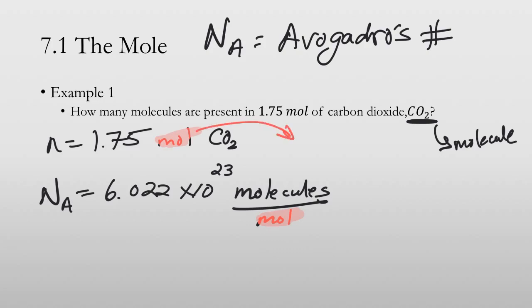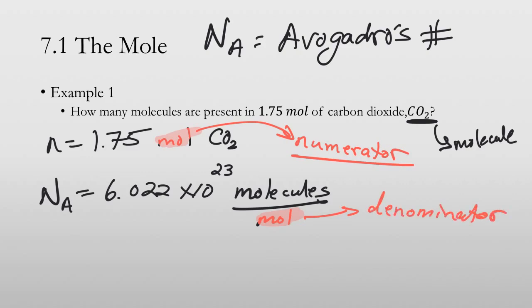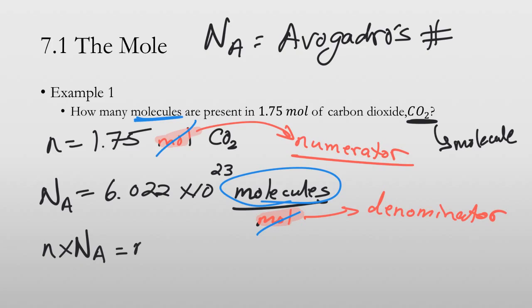This would be in a numerator, even though it's just a number by itself. A number by itself is always a numerator, but that mole is in the denominator. So if we multiply those two together, those will end up canceling out and leave us with molecules, which is exactly what the question wants us to find. So we can write this as n times N sub A is going to be equal to molecules.